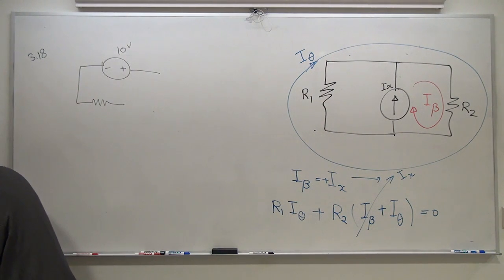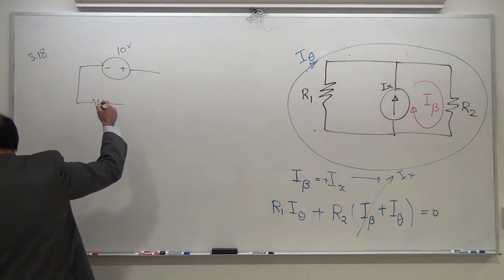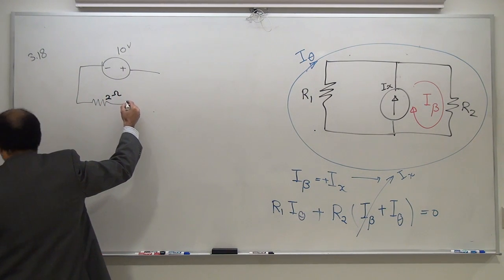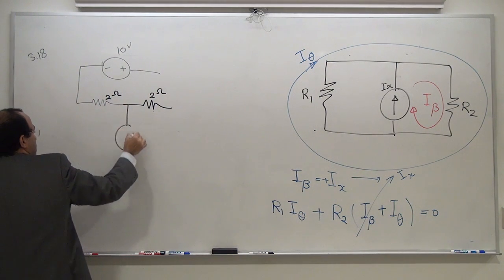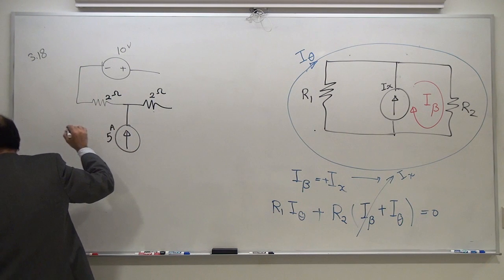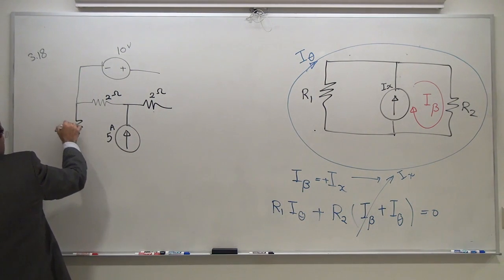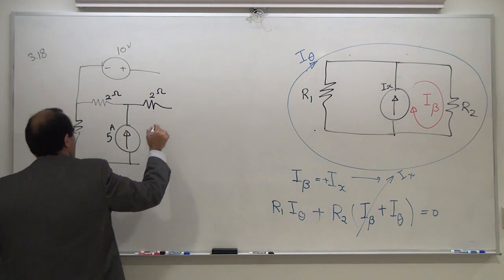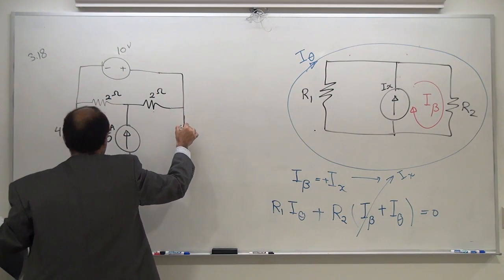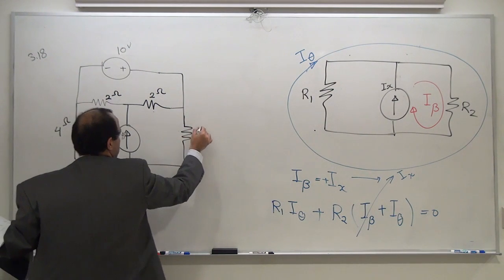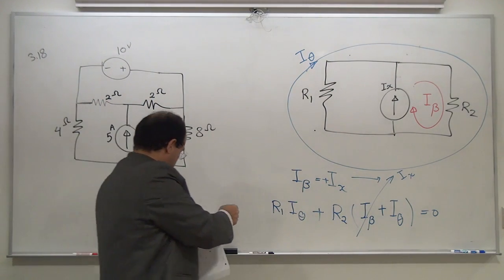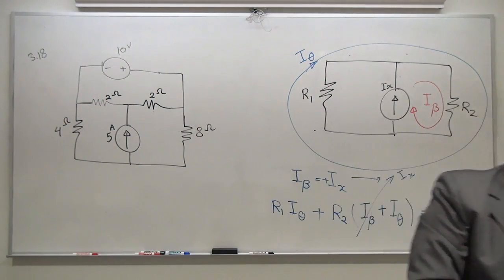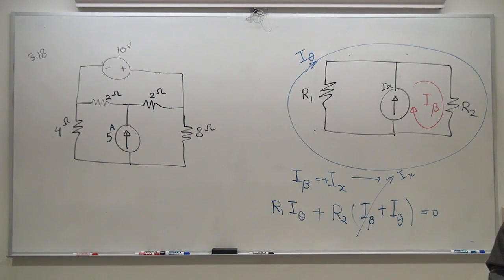This one is not working, so I'm going to see which one is good. 2 ohm, 2 ohm, 5 amp, 4 ohm, and finally 8 ohm. I hope I have everything. Let me solve 2 questions with the concept of supermesh.